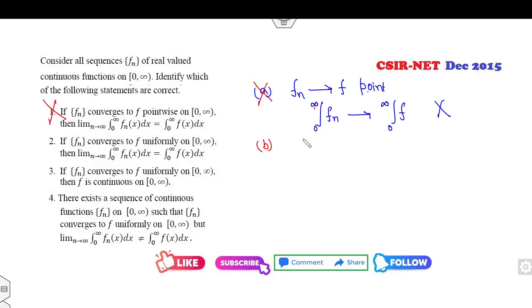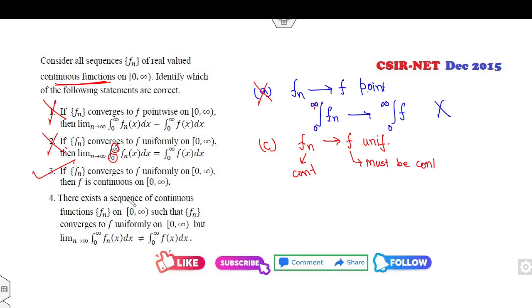Second option, if fn converges to f uniformly, fine, again the domains are not closed intervals, so this option is cancelled. Third option, if fn converges to f uniformly and fn is a continuous function, then f must be a continuous function. Fine, so the third option is correct.